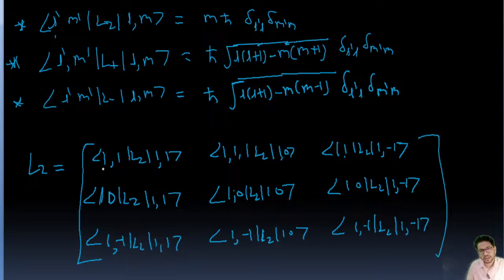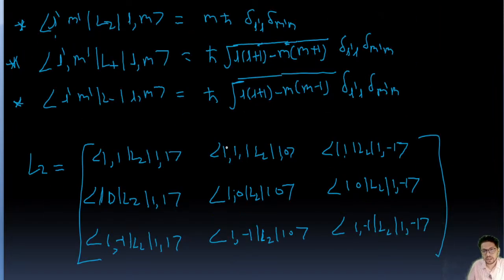Here these are the equal values, and these are going to be 0 because of the Kronecker delta rule. So Lz has the value M h cut.